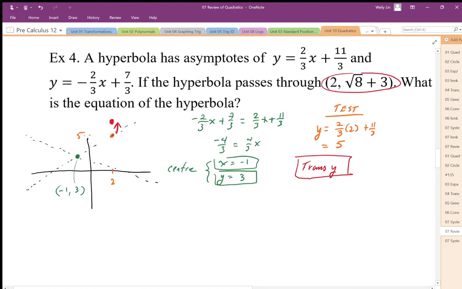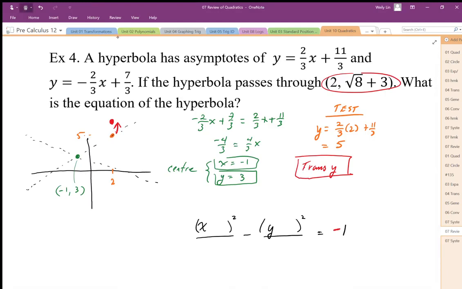So I'm going to set up what I know so far. It's going to be x plus 1 squared over, minus y minus 3 squared over, equal to negative 1. I'm going to make that negative red, because we've established it's trans y, and that's why we have negative 1 here.